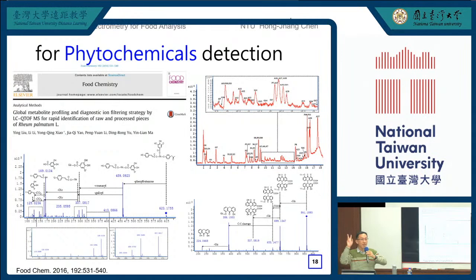So it's non-target. We don't know, but we can calculate each peak's molecular weight by M over Z. So we can figure out what kind of compound exists in the plant or in the extract or in the food. Okay, it's more complicated, but it's useful.